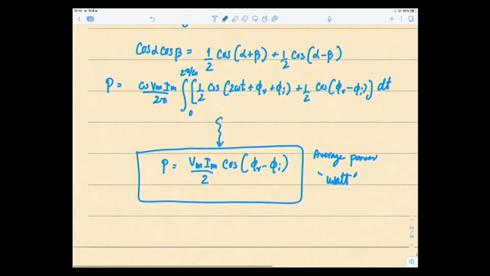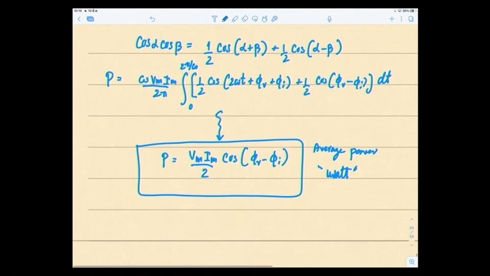Let's have a look at the average power for the three elements: resistor, inductor, and capacitor.